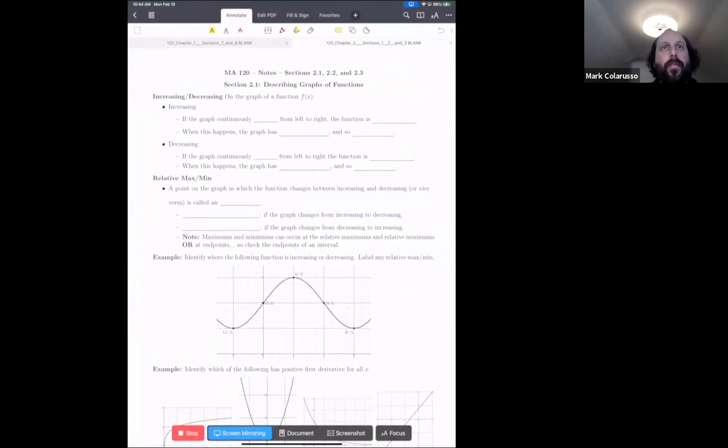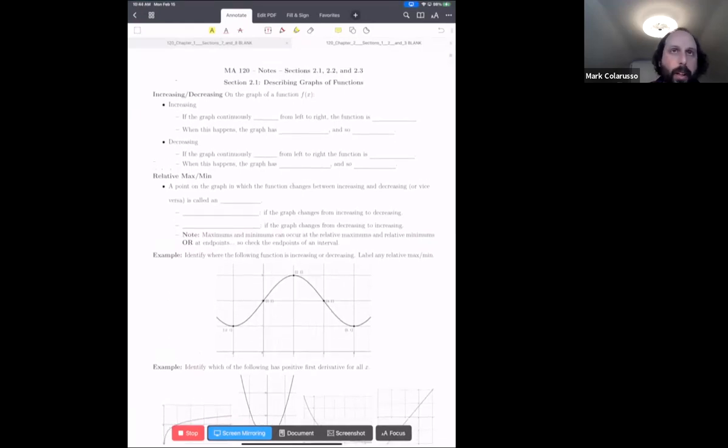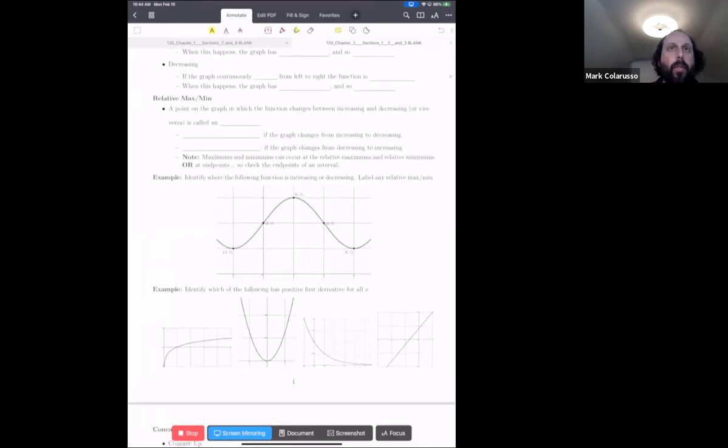I don't like the fill-in-the-blank format so much, but you can fill them in if you want. I want to expand upon it a bit, so that's why I'm going to use the yellow pad. But I'll come back to these graphs as examples because they're kind of annoying to reproduce on the yellow pad.